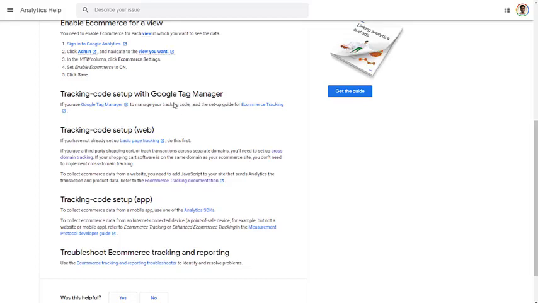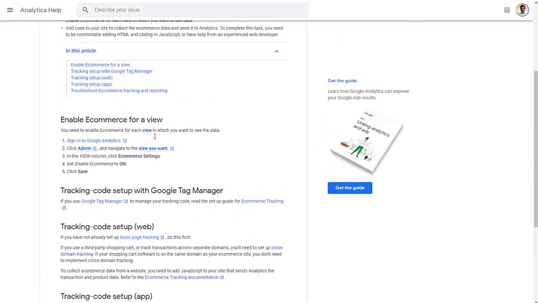If you just go ahead and start asking your developers, hey, I don't know what needs to be done here, will you be able to get the e-commerce tracking in place? The developer might come back and ask, please tell me exactly what you need. That is why I am giving you this link.